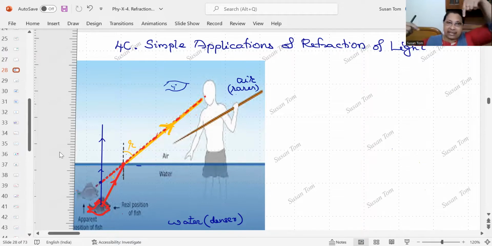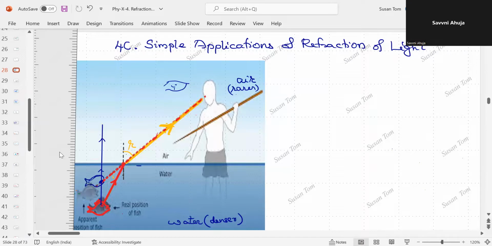When the two refracted rays, the vertical one and the oblique one, are produced backwards, where they meet, he feels, we can perceive, our retina forms it this way. So the first ray and the blue one, which is the second ray, are produced backwards. So the person's eye will be somewhere at this place, and he sees the fish to be at this place. Can you understand?